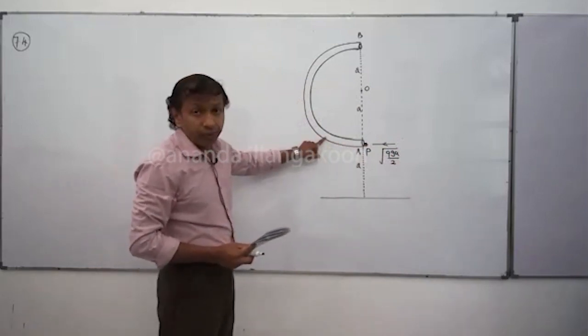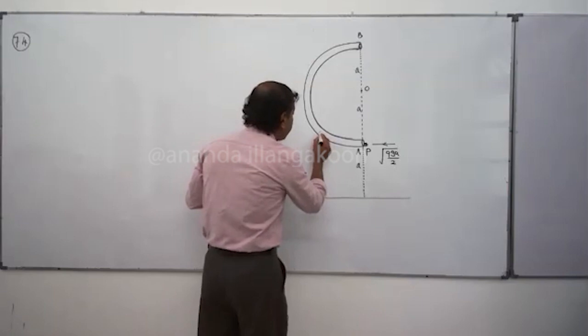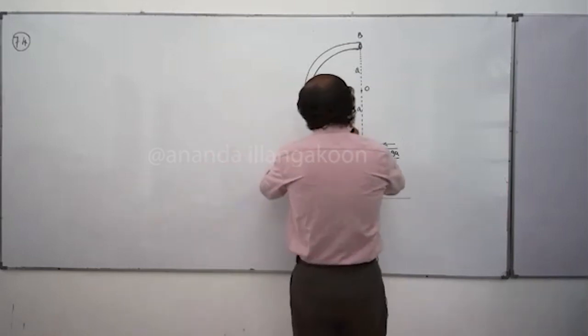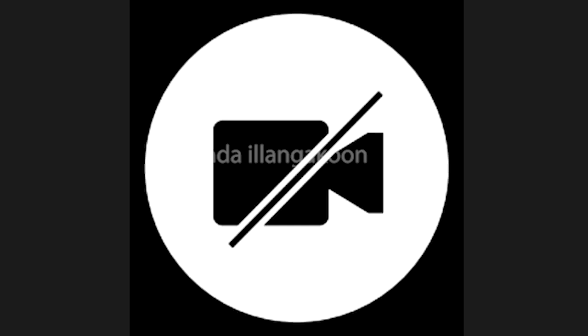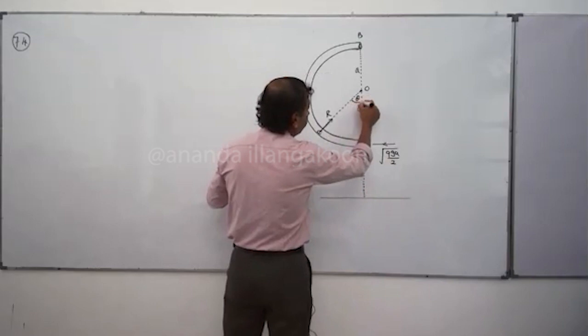Once OP makes an angle theta with the downward vertical, somewhere here, suppose that is particle P. If I mark the forces, the normal reaction acts towards the center O. This angle is given to be theta.